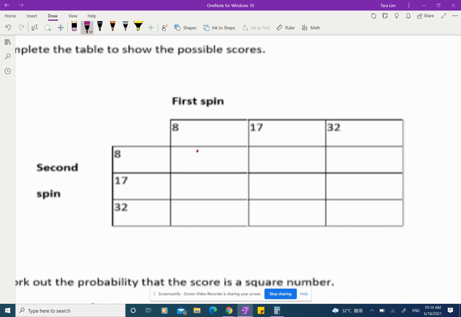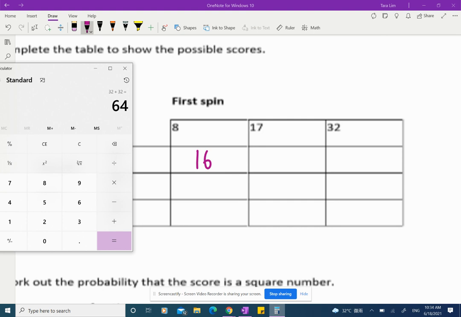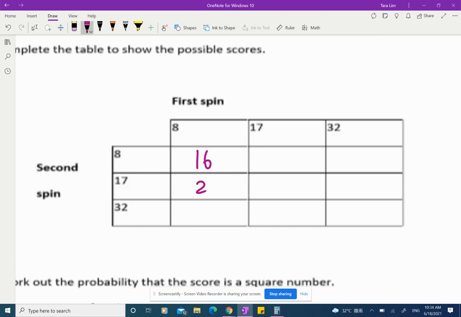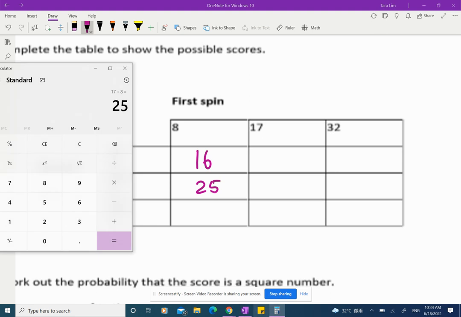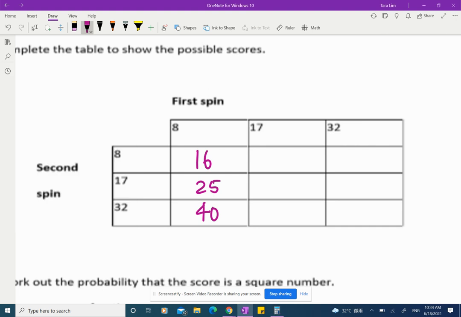So 8 plus 8 is 16. 17 plus 8 is 25. And then 32 plus 8 is 40. And then 17 plus 8 is 25.